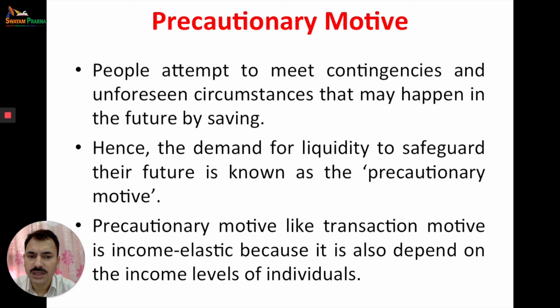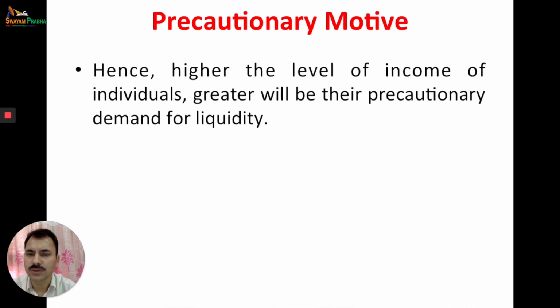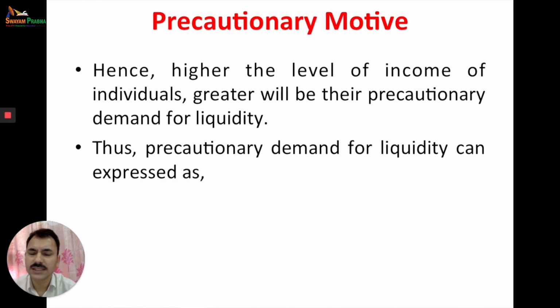Like the transaction motive, it is income elastic, because it also depends on the income of the individual. Higher income, more will be the precautionary motive, and with lower income there will be less precautionary demand for money.